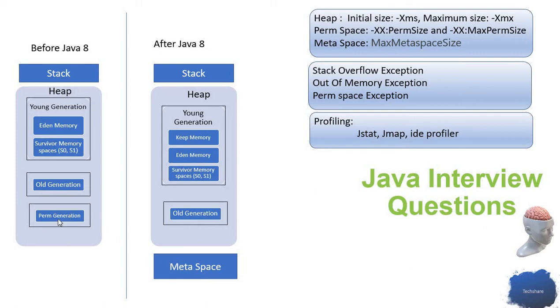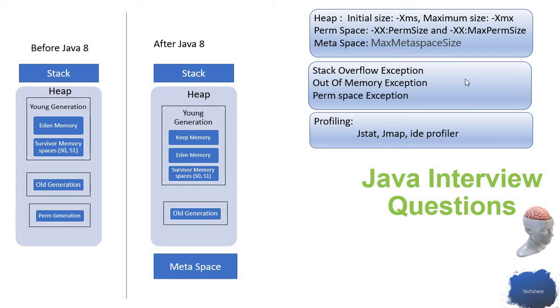So after moving the PermGen generation out of the heap and throwing it to native memory, we still need to handle the metaspace. We need to allocate the memory for the metaspace. What will happen if we are not allocating is that your program may occupy too much memory in the native space, and that may end up in some other issues.